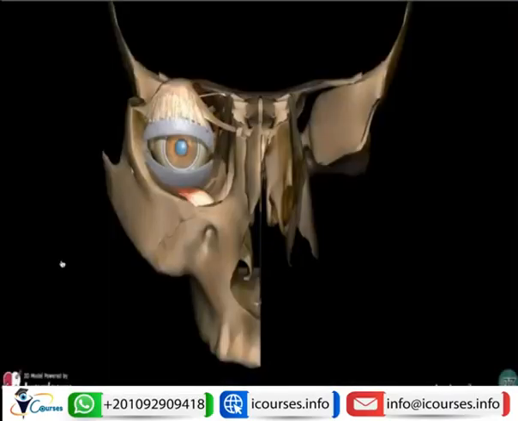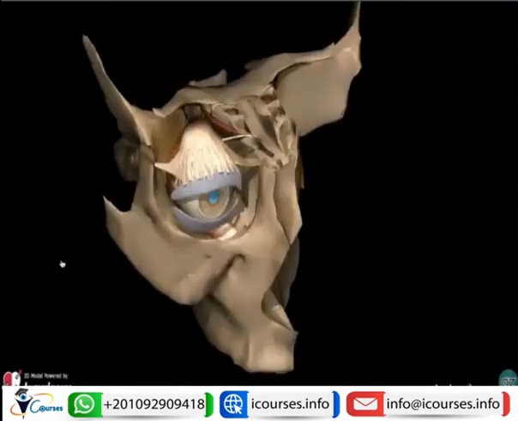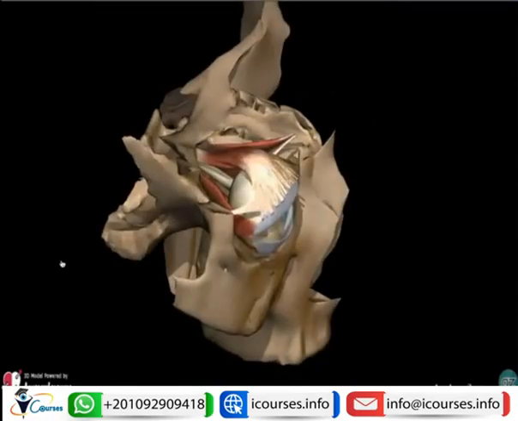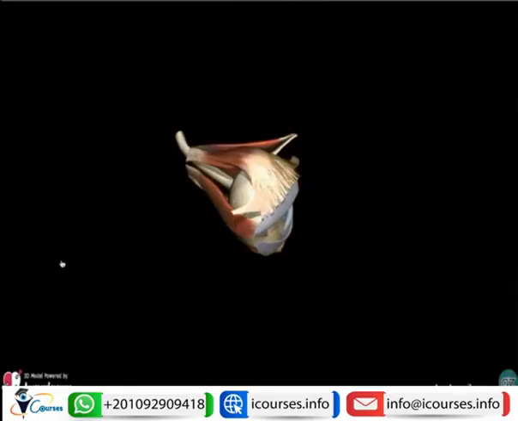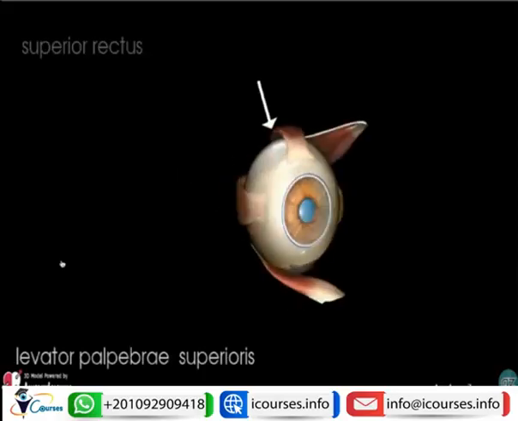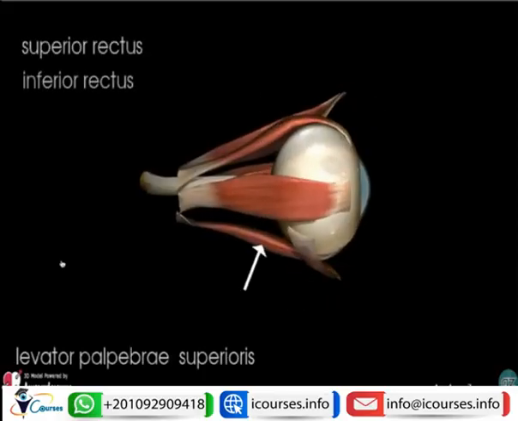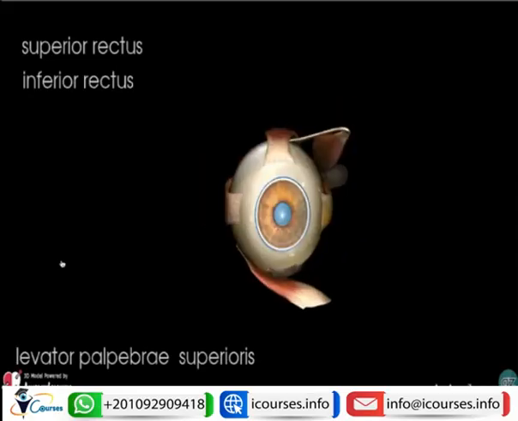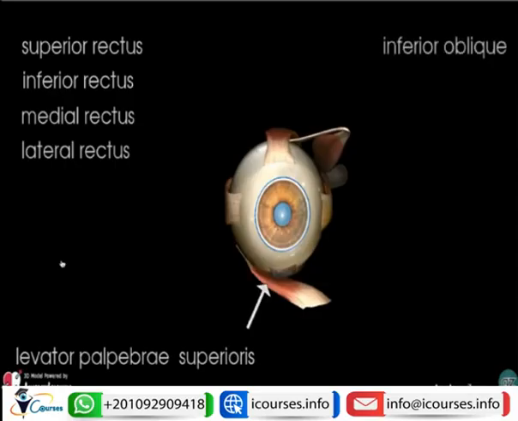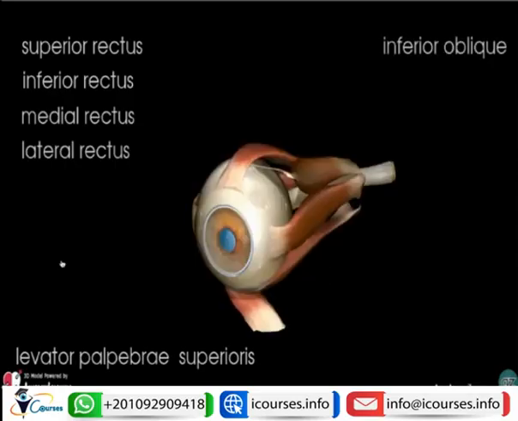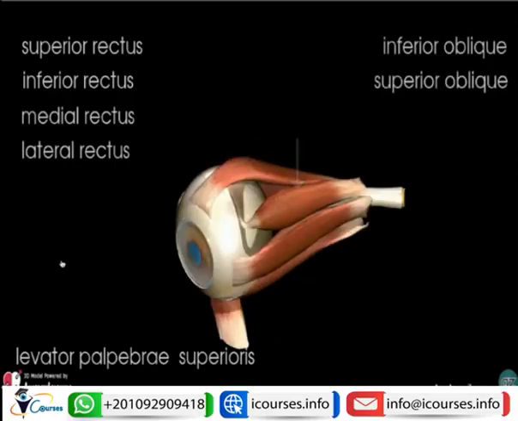The extraocular muscles are located within the orbit, but are extrinsic and separate from the eyeball itself. They act to control the movements of the eyeball and the superior eyelid. There are 7 extraocular muscles: the levator palpebrae superioris, the superior rectus, inferior rectus, medial rectus, lateral rectus, inferior oblique, and superior oblique.